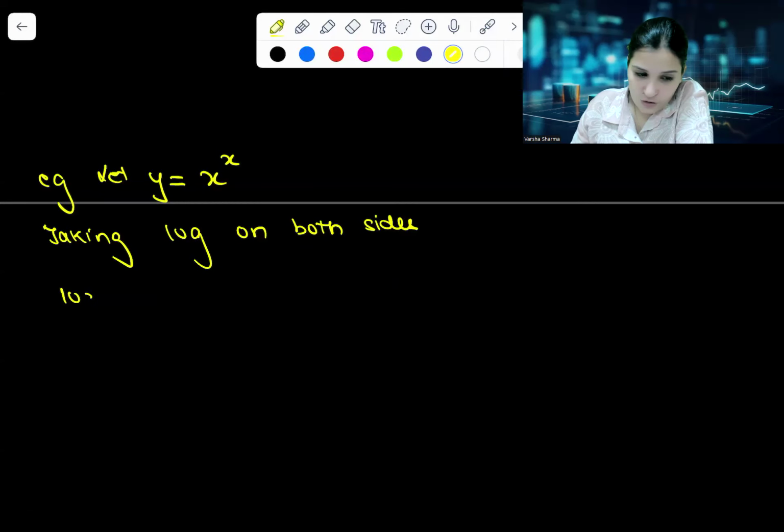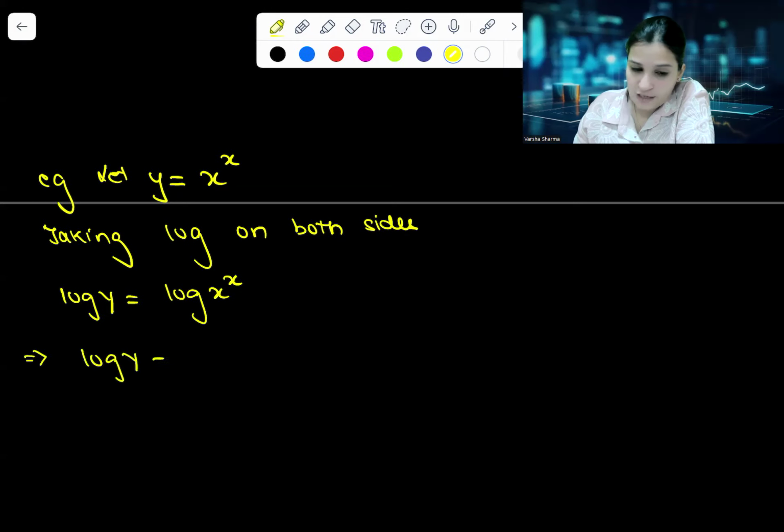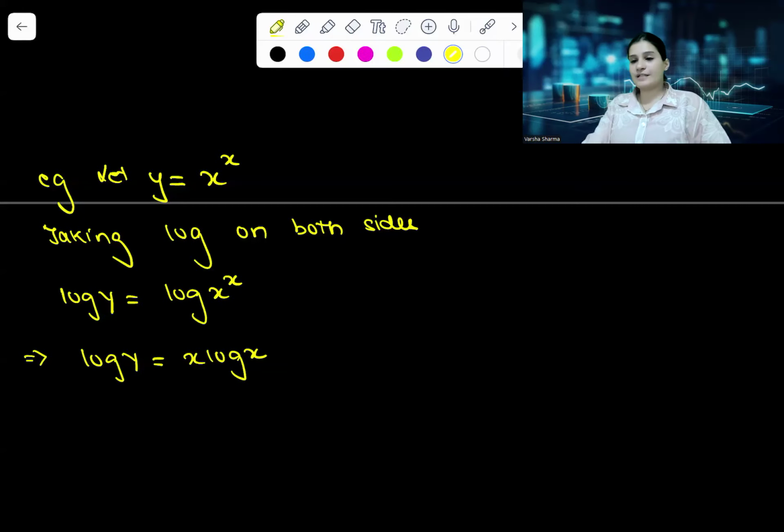So this is log y. This is log x power x. Log y. Power comes to the front: x log x. Differentiate both sides with respect to x.